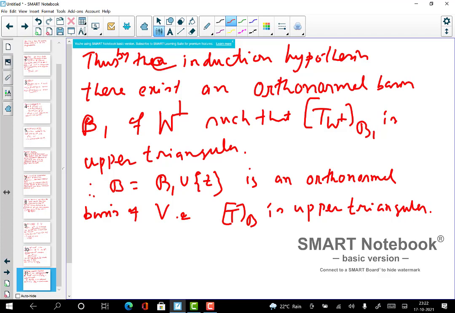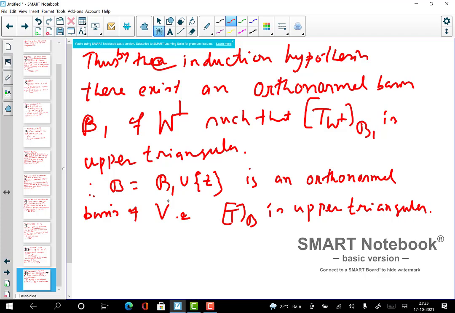So that tells you that you have a basis of orthogonal vectors such that the matrix representation becomes upper triangular, and that is happening because the characteristic polynomial of T splits. Okay, because of that this is possible. Now whatever we discussed, we can easily understand that if I have a diagonalizable operator, then we can always find an orthogonal basis such that the matrix of T with respect to that basis is diagonal, right?